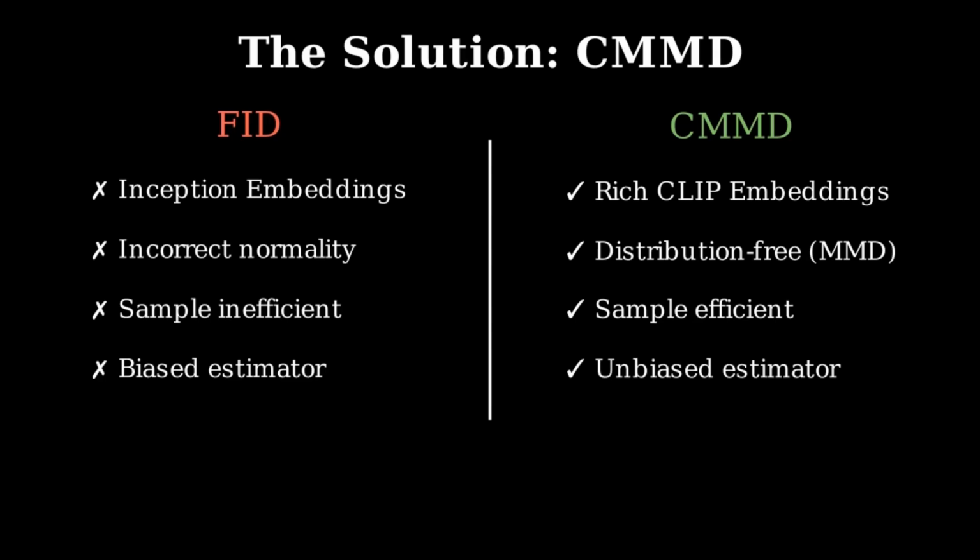While FID mathematically forces a false Gaussian assumption, CMMD uses the maximum mean discrepancy framework, which is entirely distribution-free. And because it avoids estimating massive covariance matrices, CMMD is both sample-efficient and an unbiased estimator.